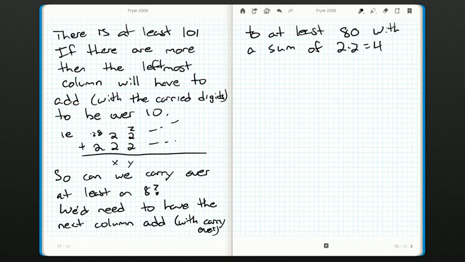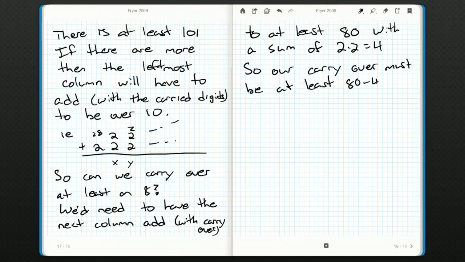I mean, here, carryover of 8, that can happen in a regular addition. But a carryover of... So it's going to have to be at least 76.